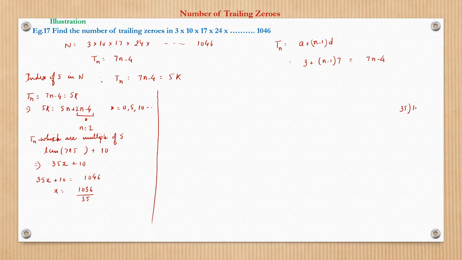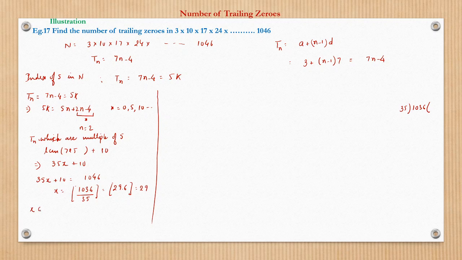Let me use the calculator. You can, in CAT, use the calculator now. So 1036 divided by 35 is 29.6. So we will take the integral value, because 29.6, so this is nothing but 29, x is equal to 29.